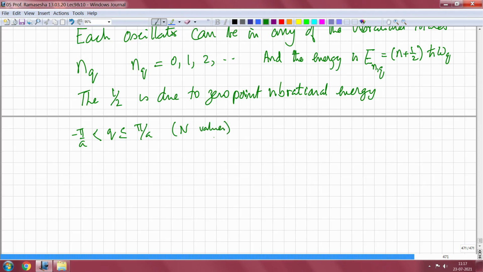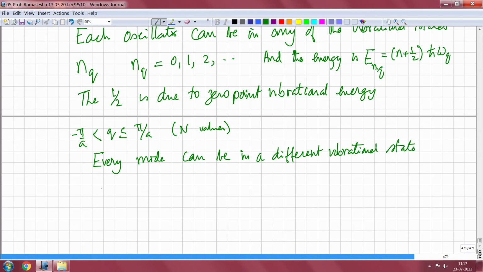So what you have is every mode can be in a different vibrational state. That is, NQ may be 0 for q equal to pi by a and transverse optic, let us say, and NQ equal to 2 for q equal to pi by 2a, let us say, for this longitudinal acoustic.